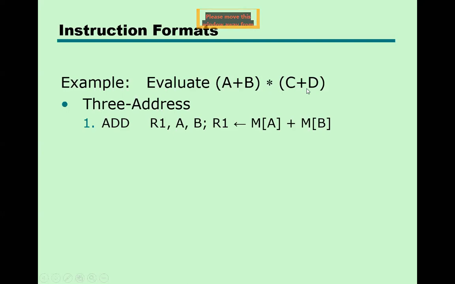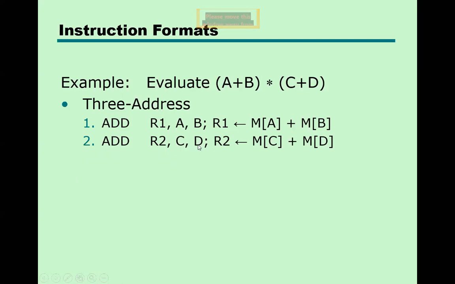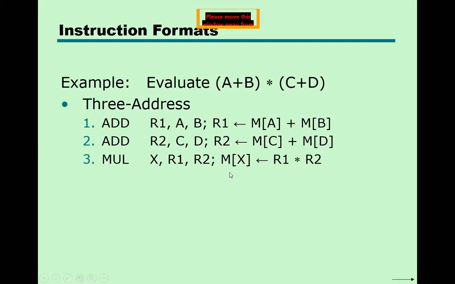Similarly, the second part, C plus D: ADD R2, C, D. By this instruction, whatever is at memory location C plus memory location D will be added, and the result stored into R2.